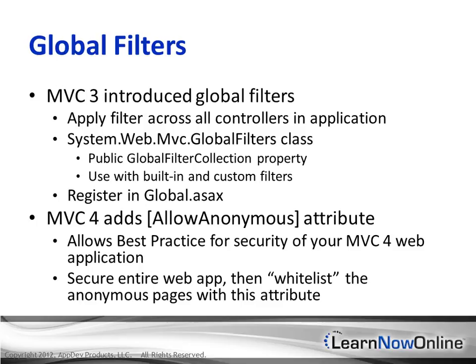So what we mean by that is that you should go through and basically lock down your entire site by using the Authorize attribute within your controllers, and then turn around and sprinkle the AllowAnonymous, for instance on a login page, because that obviously needs to allow anonymous until somebody logs in.